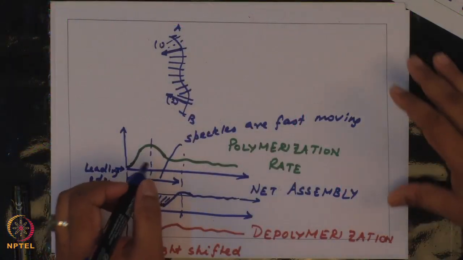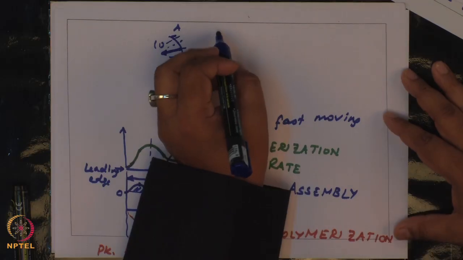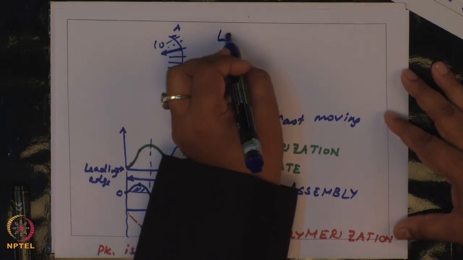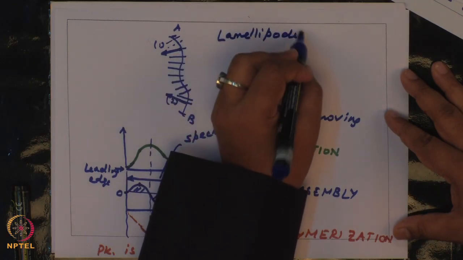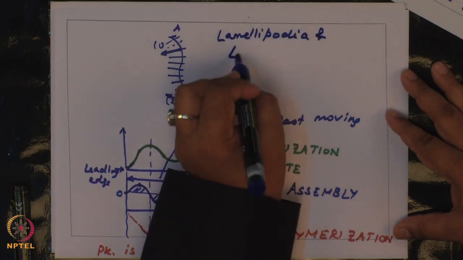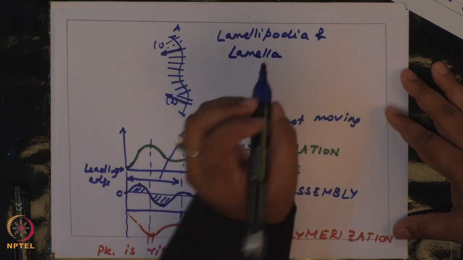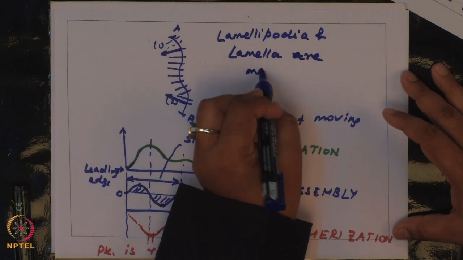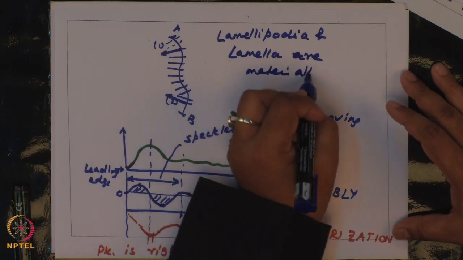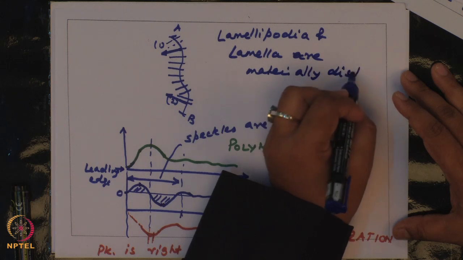So, this raises the possibility that these two networks, the lamellipodia and lamella, are materially distinct.